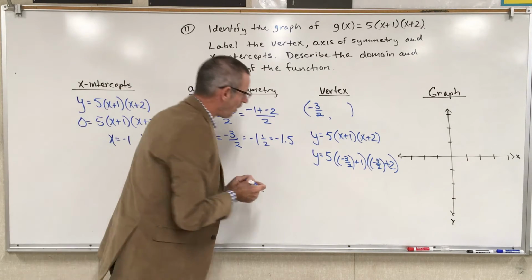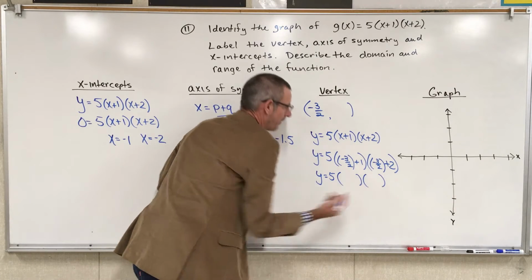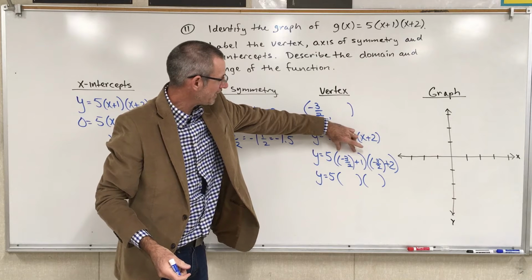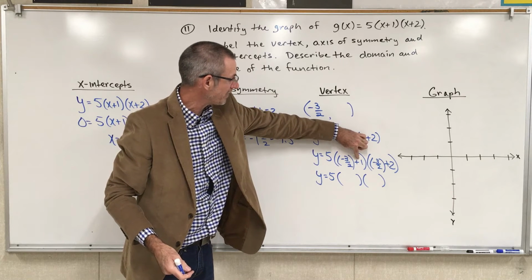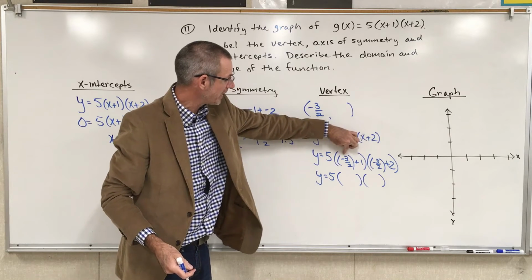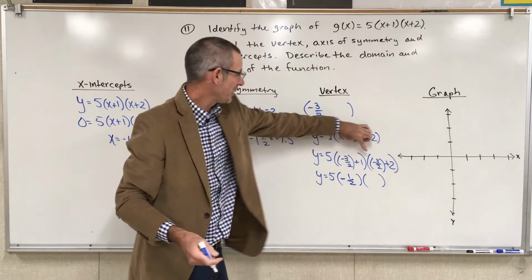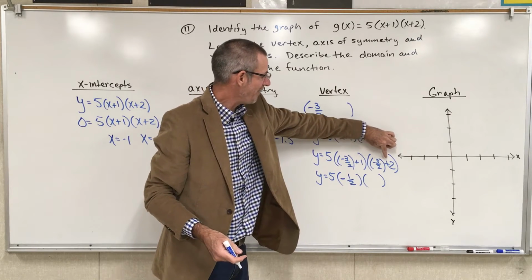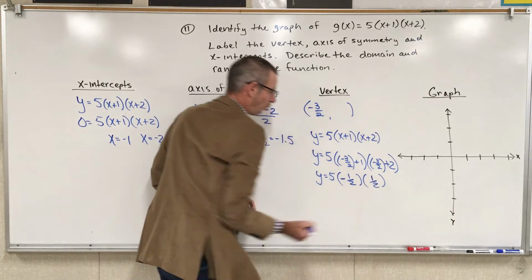So I have y equals 5 times this first set of parentheses. If this is -1.5 and this is +1, then when I put those together, I will have -1/2. And if this is -1.5 and this is +2, when I put those together, that will be +1/2.